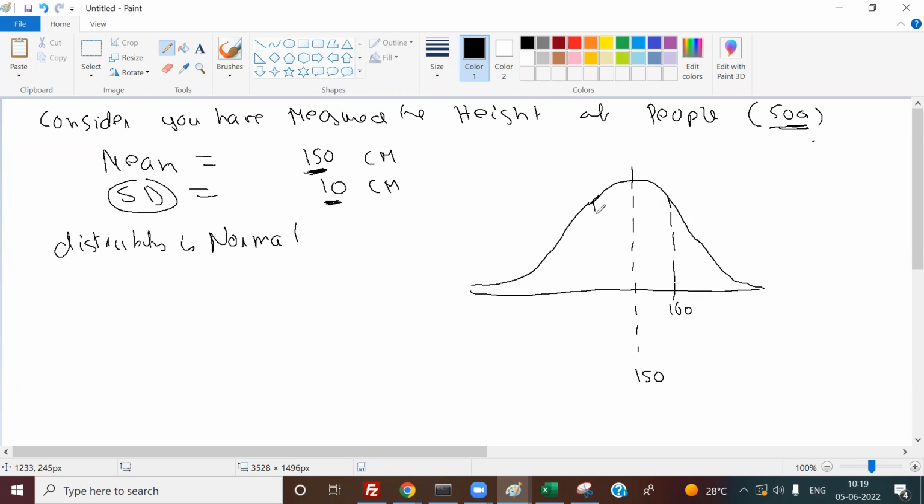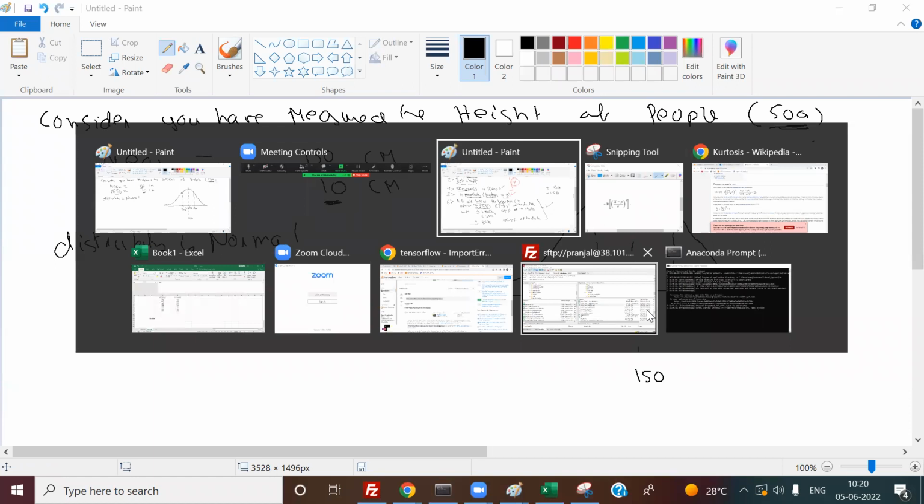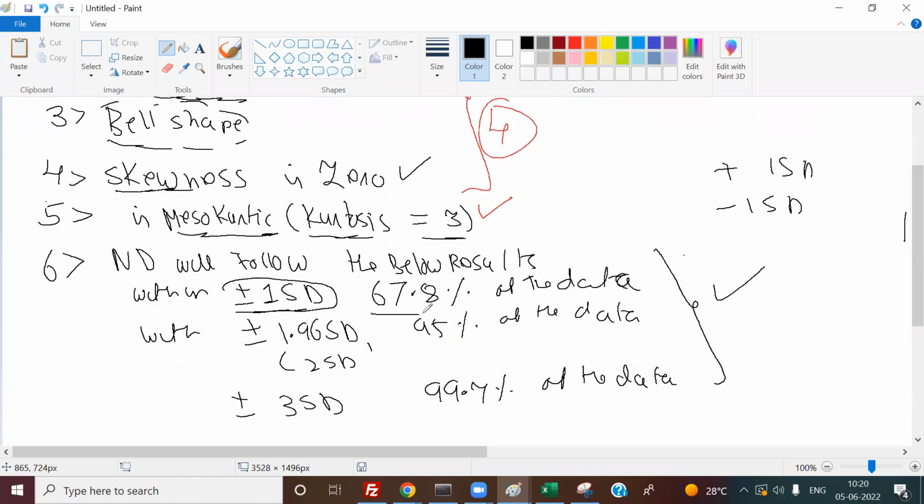And one standard deviation less than mean would be nothing but 140. So this is nothing but plus minus one standard deviation. In plus minus one standard deviation, I am saying 67.8% of the data would be there.